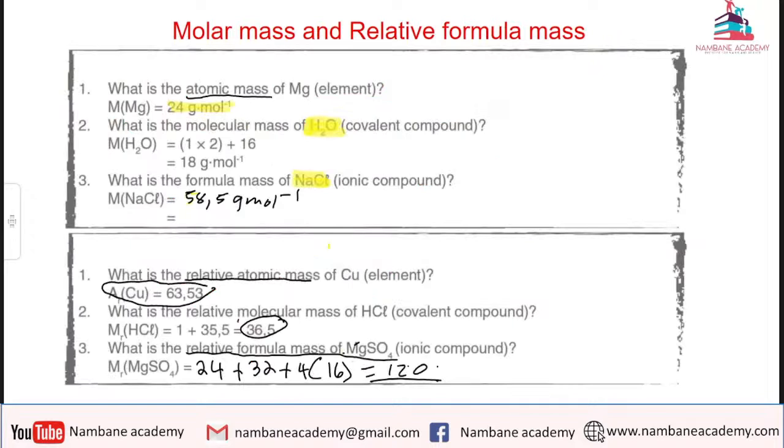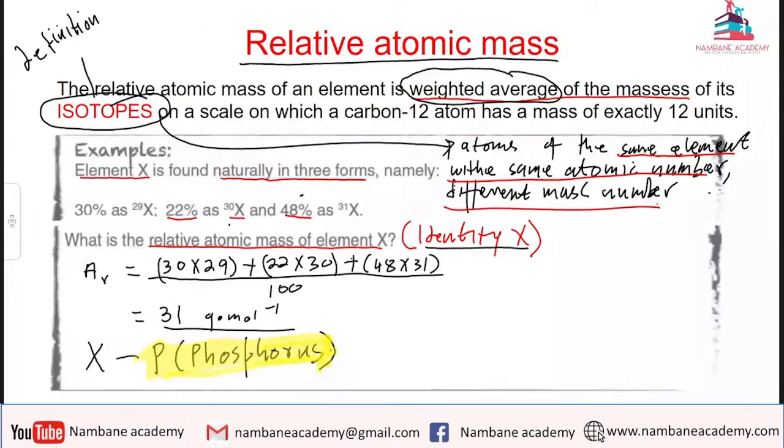We did perform a few calculations relating to molar mass and relative atomic mass. I was very happy with that. We explained relative atomic mass in terms of what it means.